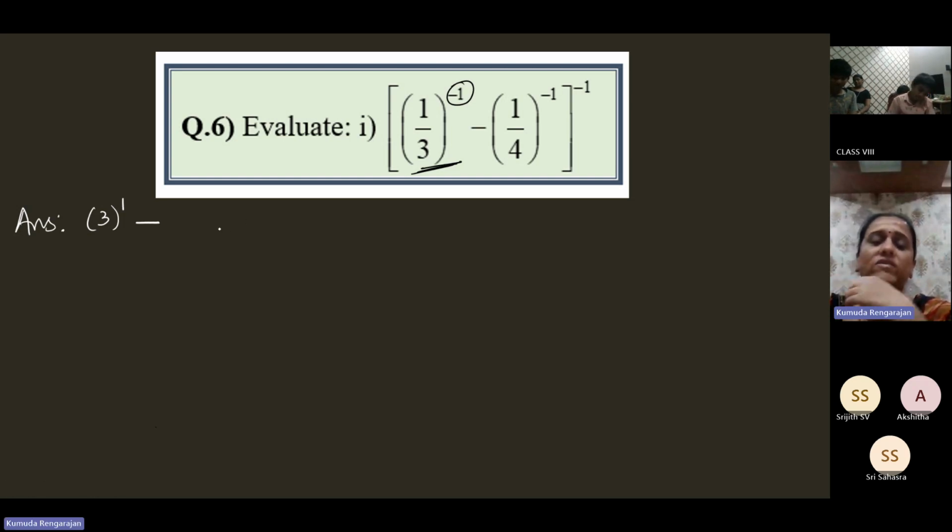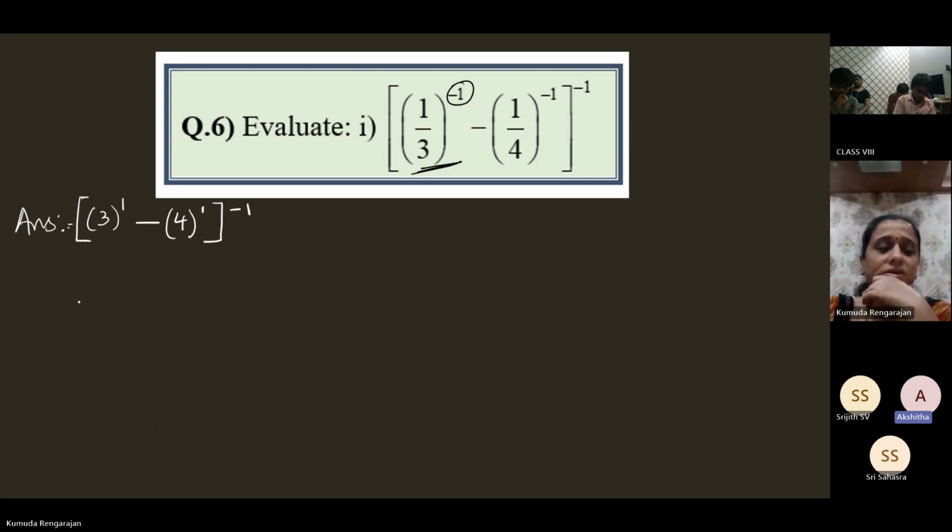That is right, it's equivalent. How will you write the equivalent of the next term? Ma'am, reciprocal, 4 to the power 1. Then we already have the square bracket raised to the power minus 1, correct? Yes, ma'am. Then what is 3 to the power 1?